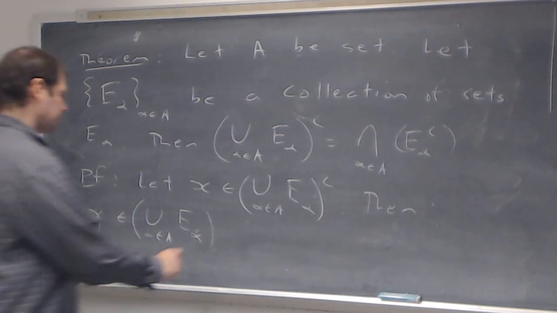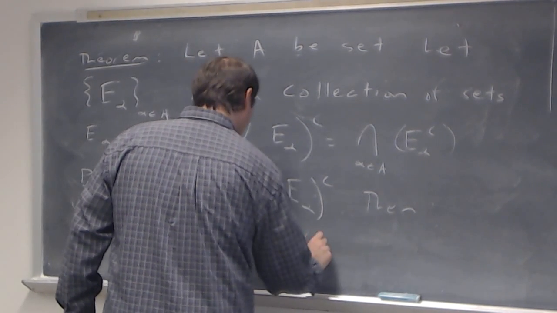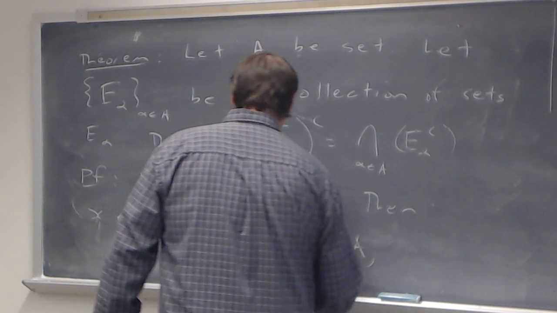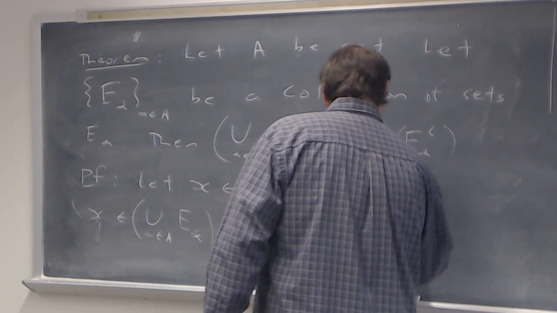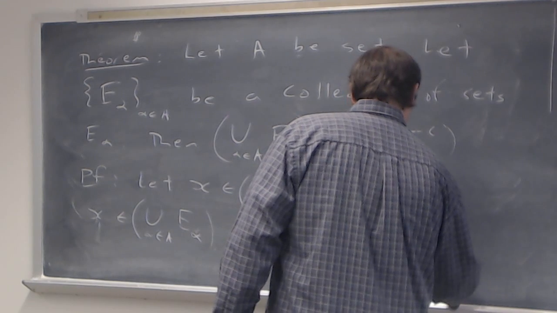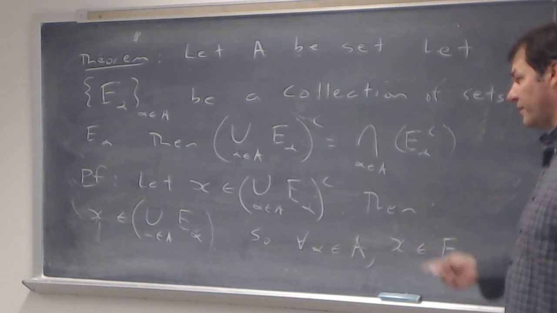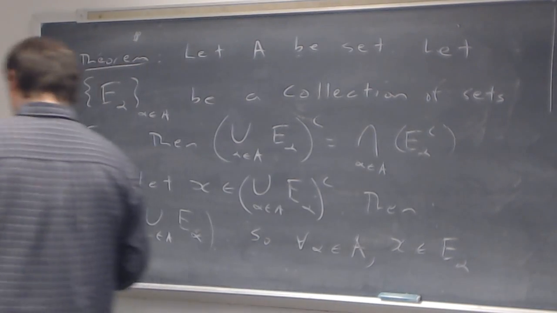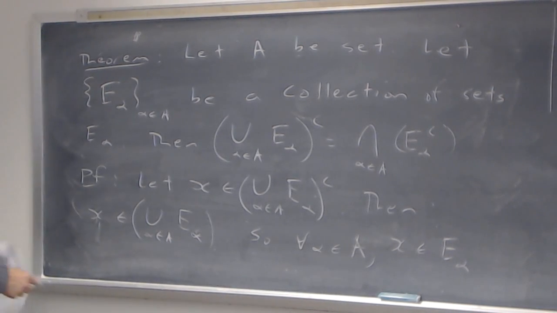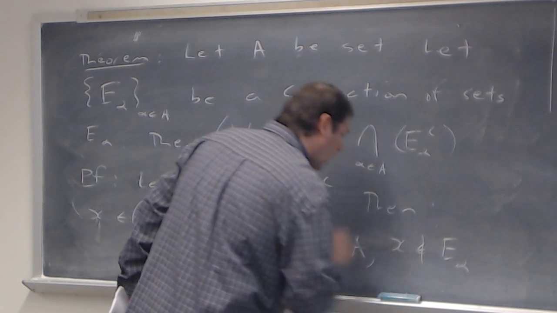So that means for every alpha an element of A, X is not an element of E alpha, because if it was in one of the E alphas, then it'd be in the union. It's not. So I didn't write the right thing. It's not in the E alpha.